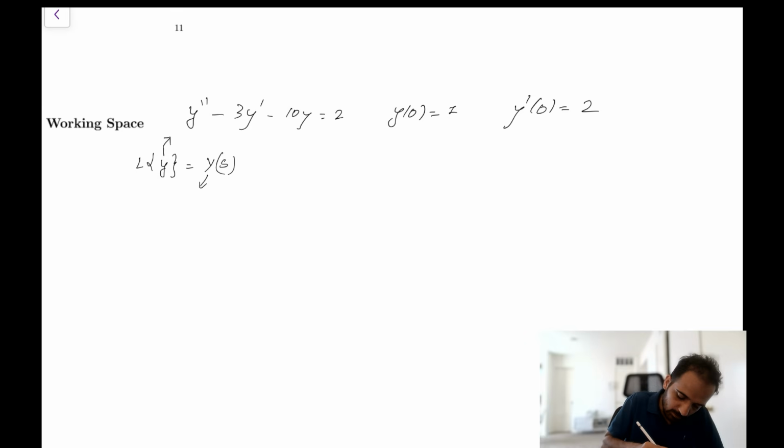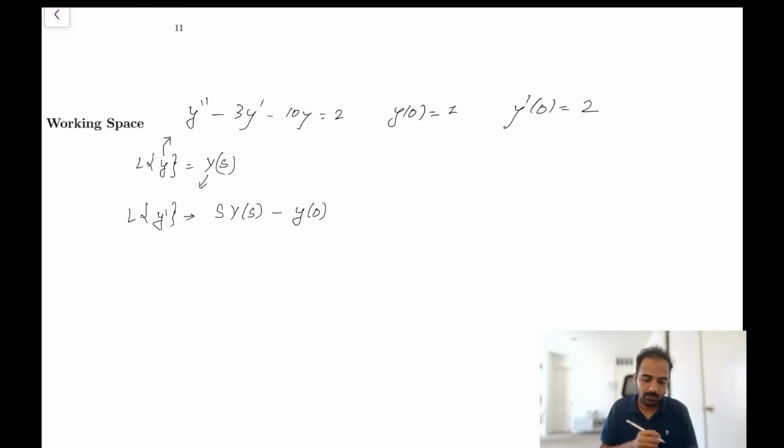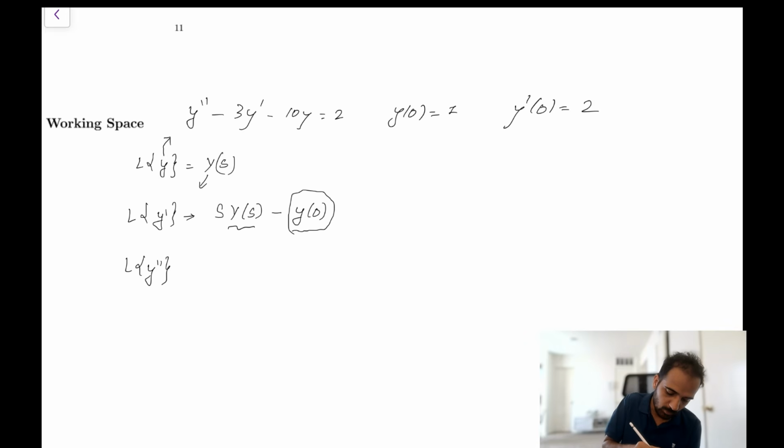Okay, so the Laplace transform of the first derivative of y will be s Y of s minus small y at 0. Okay, this small y at 0 means the initial condition. That means the function y of t at t equals 0.